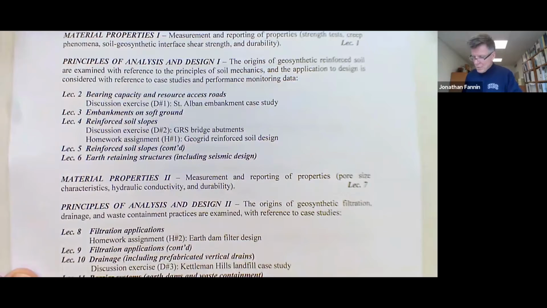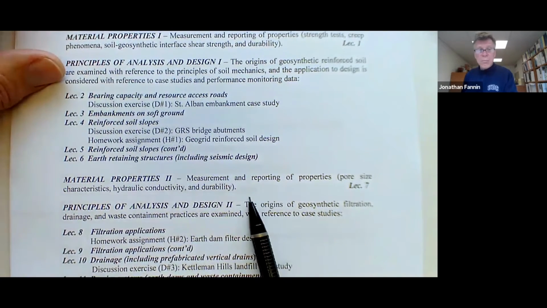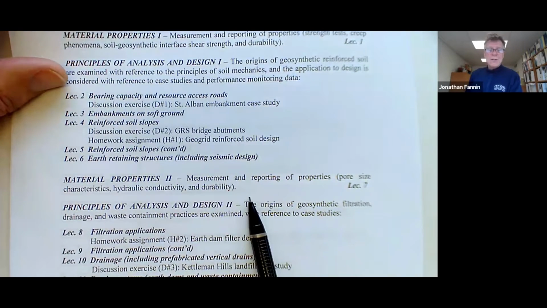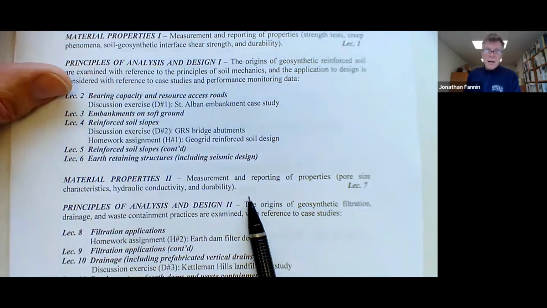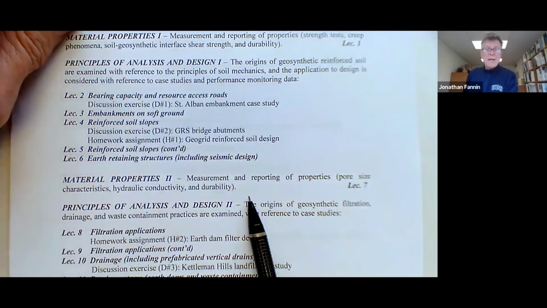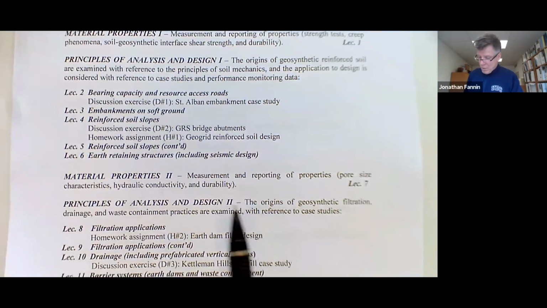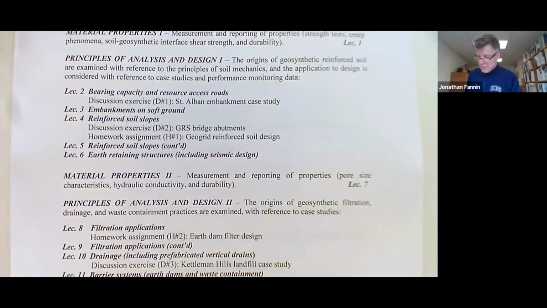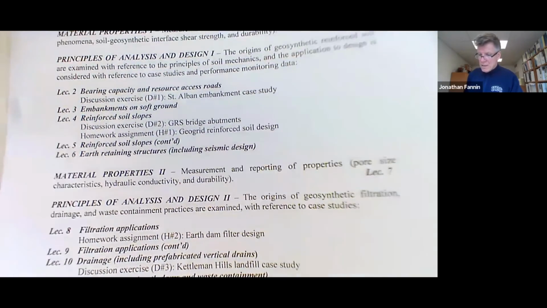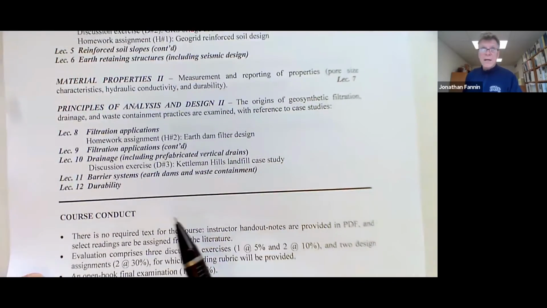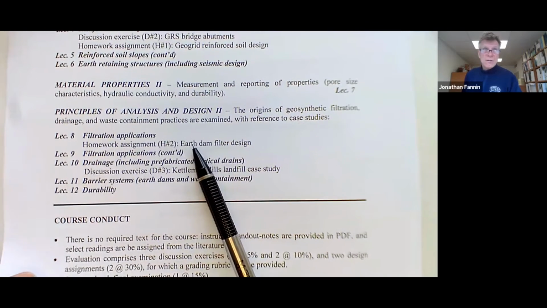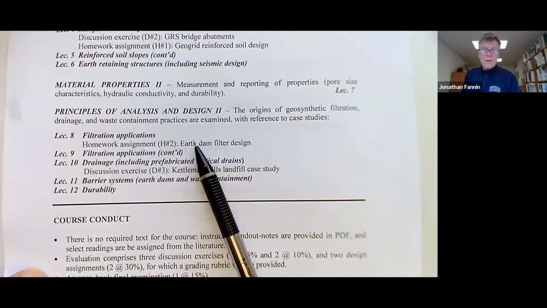We then moved through to take a look at material properties, primarily more related to the hydraulics. I'll revisit just one image from that to support a comment on clogging, but those material properties related to filters and drains, both high conductivity filters and drains, and then we also looked at the relatively low conductivity barrier systems.